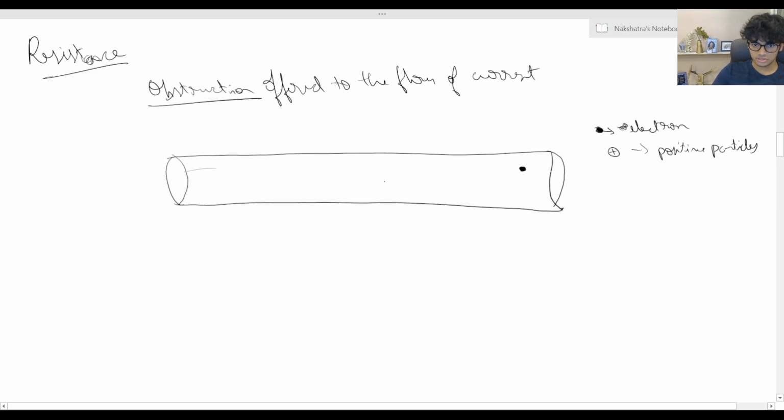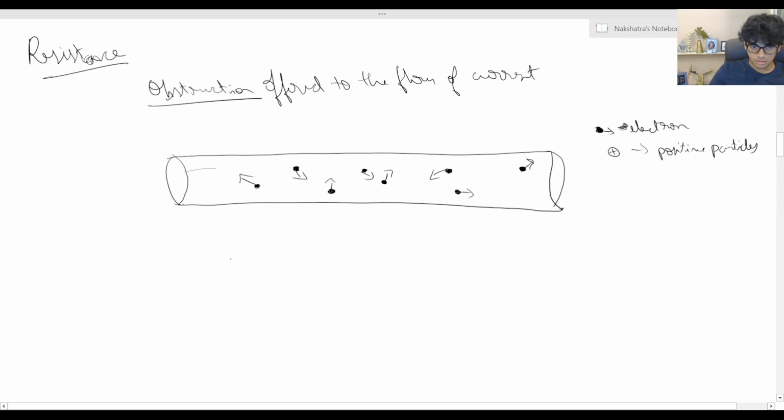So initially you will see, if the wire is made of copper or any other metal, these electrons, like I mentioned earlier, are free to move. They're free to move, so they'll continue moving around, but it's all very random. Their movement is completely random.